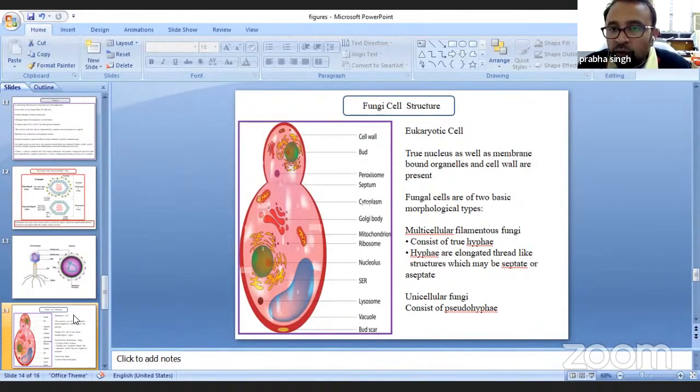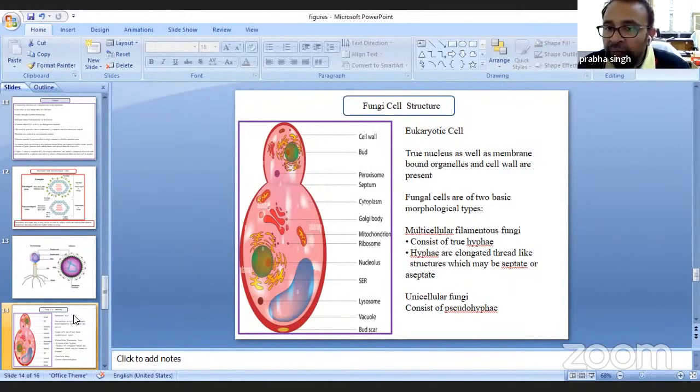Then fungal cells को हम divide करते हैं morphologically into two types, multicellular filamentous fungi and unicellular fungi. So multicellular filamentous fungi, they consist of true hyphae, and hyphae are elongated thread-like structure which may be septate or aseptate, right? So consist of true hyphae.